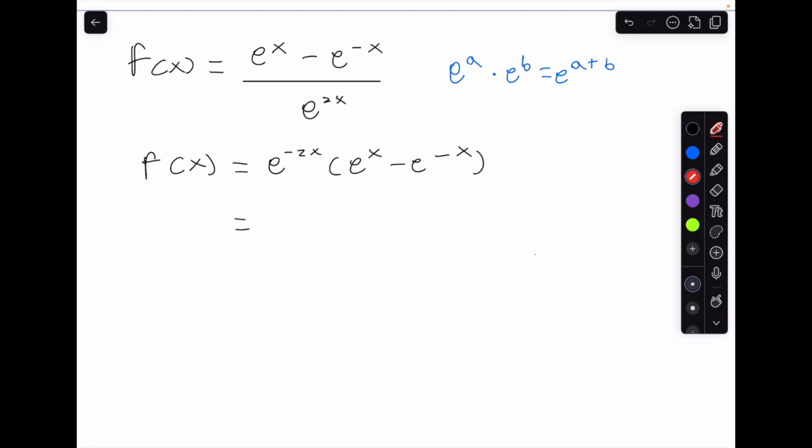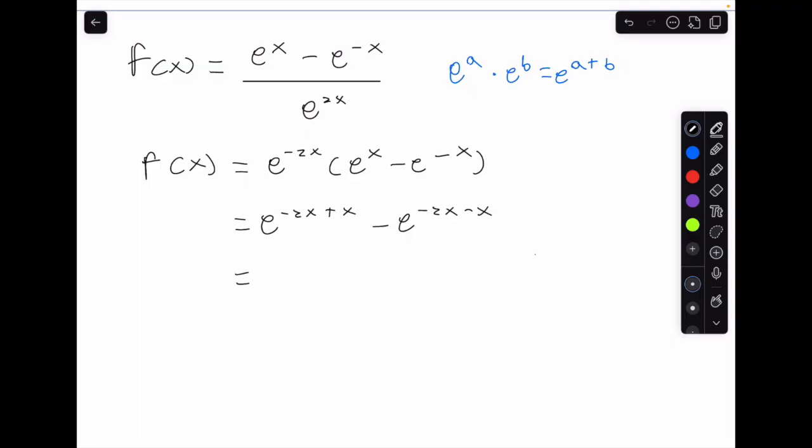In the top right-hand corner here, I've outlined this exponential rule, and this just says when you multiply e by e, be sure to add the exponents. So let's multiply e into the bracket. We get e to the negative 2x, and then we're adding the exponents, so e to the negative 2x plus x, and then we have e to the negative 2x plus a negative x, or we can just say minus x.